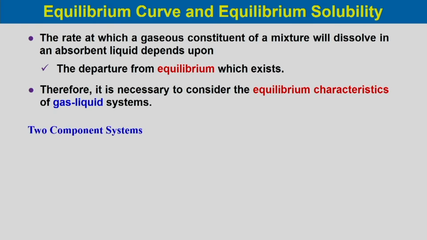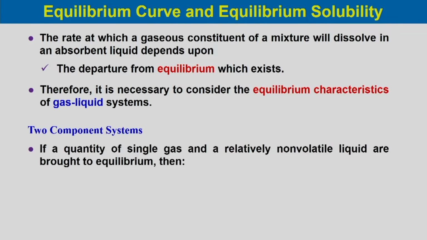This is very important. Now, if we consider two component systems, that is, if a quantity of a single gas and a relatively non-volatile liquid are brought to equilibrium, then what happens? A single gas and a relatively non-volatile liquid means the liquid solvent is not volatile.